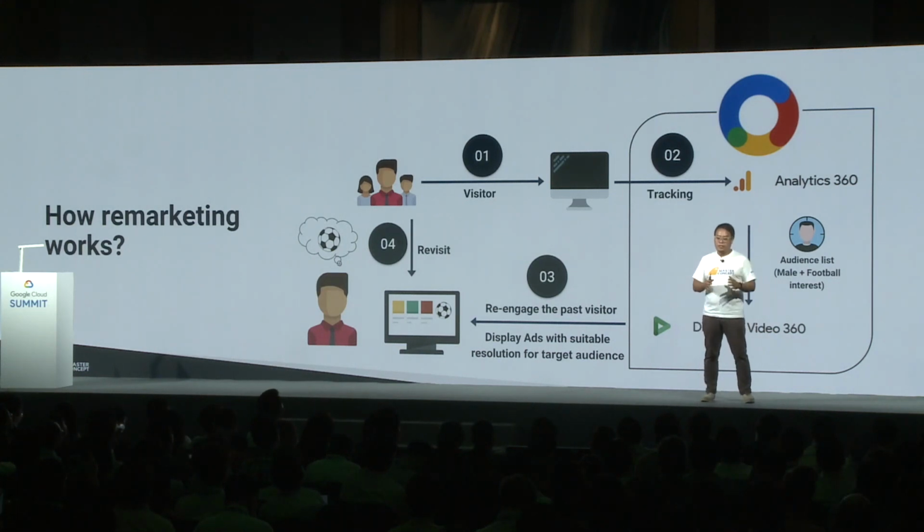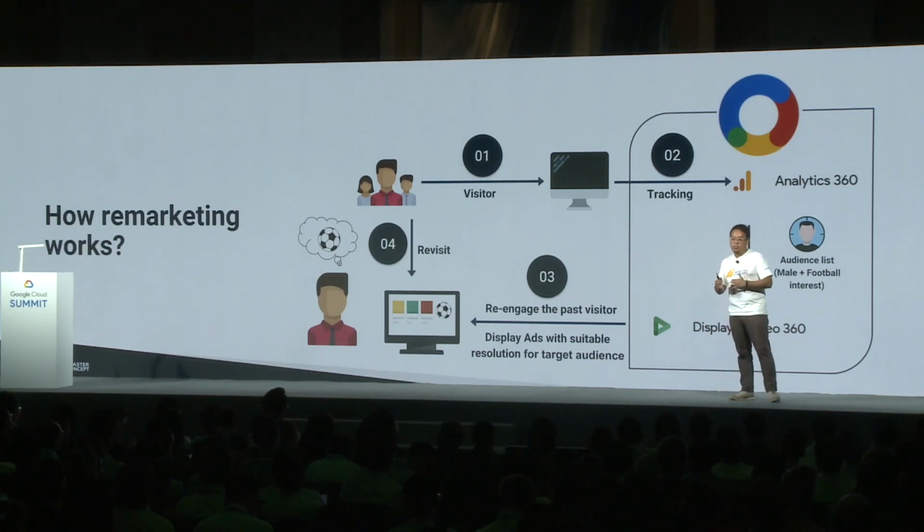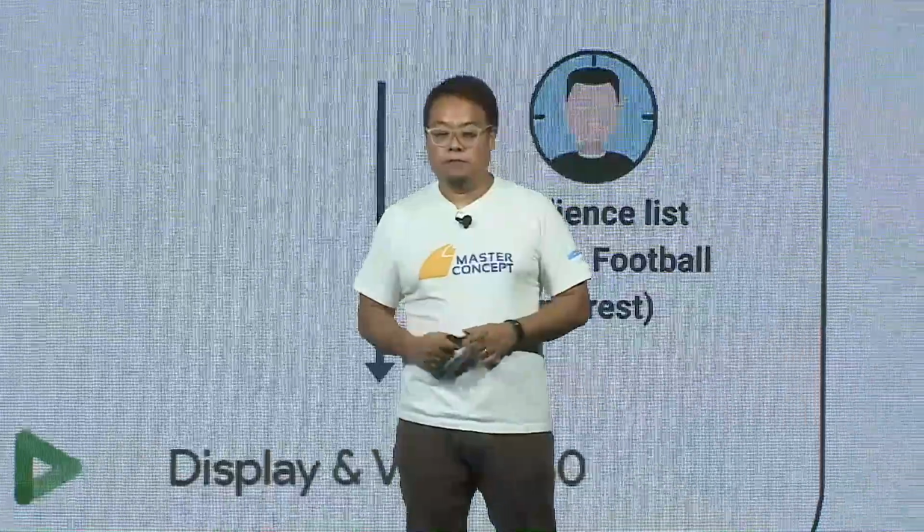So with the automatic integration between Analytics 360 and Google Ads Manager, we can do various dimensions and demographics segmentation and then analyze and do the remarketing. So the online media company will then create customized advertisement banner ads on the website to attract the target customers. And this could engage the past visitors to come back to the website again.